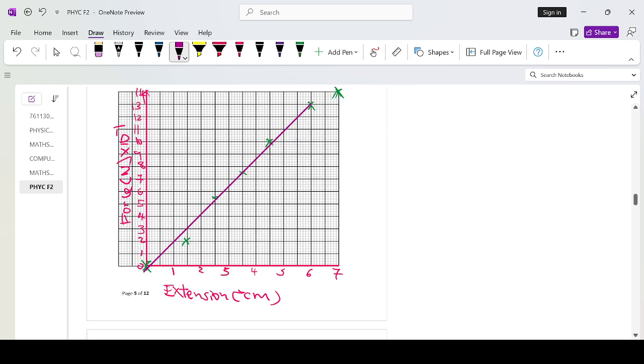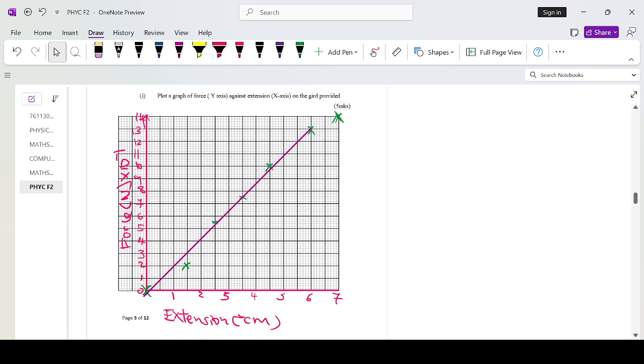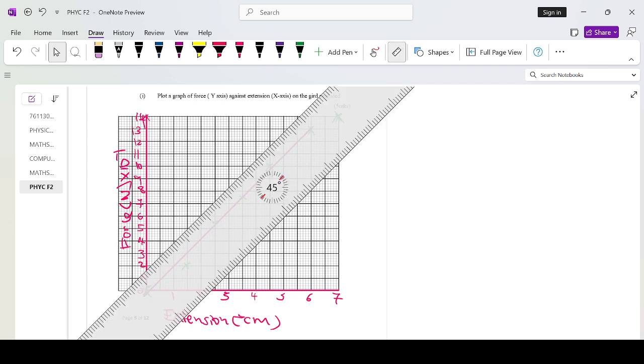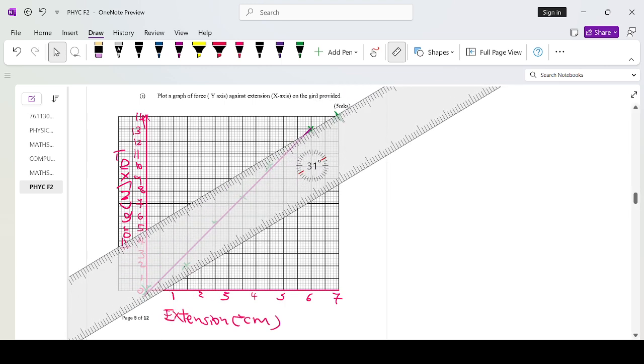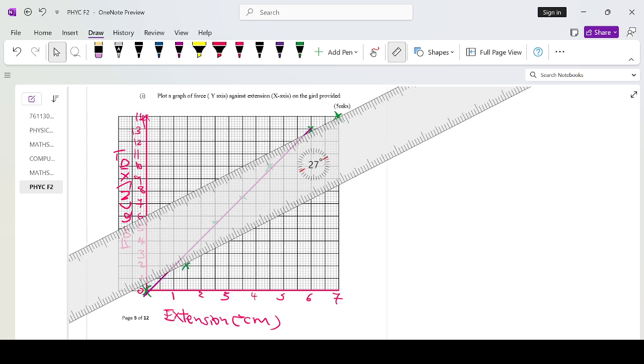Like that. Then you can see from here, because it is not there, you don't leave out that point. It's a straight line. Then here it seems the elastic limit was exceeded, and because the elastic limit was exceeded, you realize extension was no longer directly proportional to the force applied.